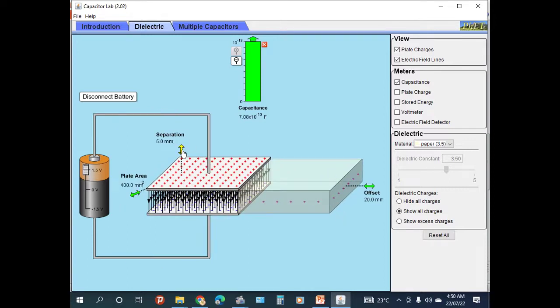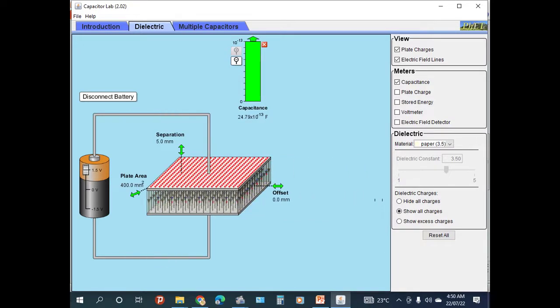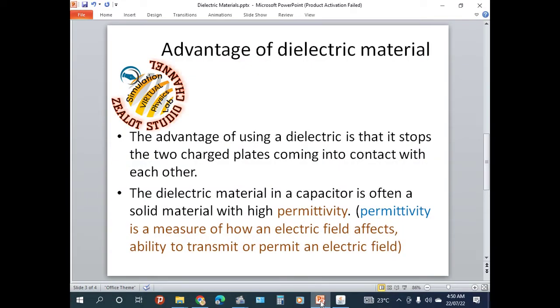The two charged plates, positive plate and negative plate, are stopped from coming into contact here. This is the advantage of dielectric material.